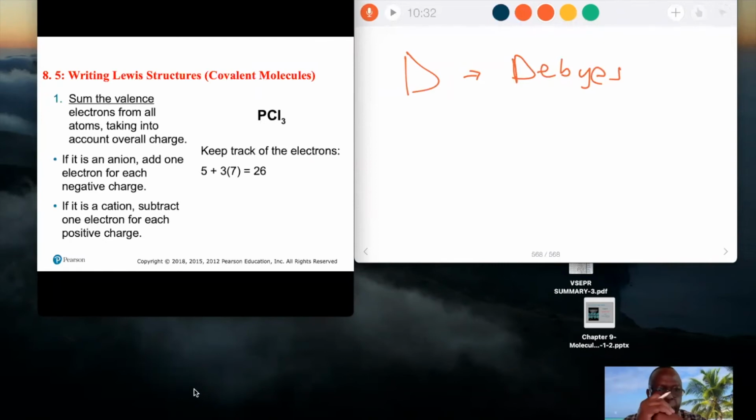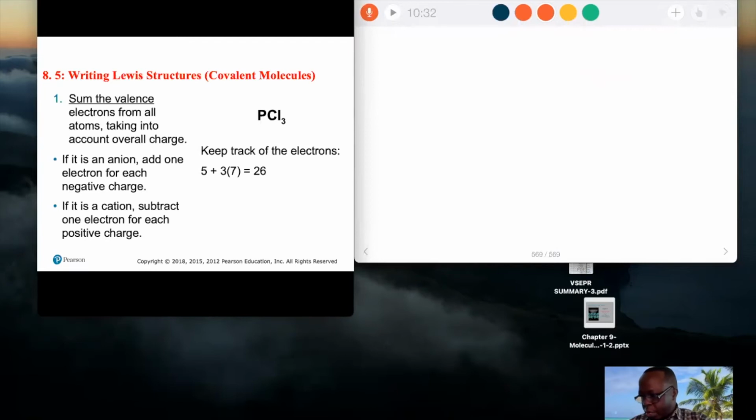Drawing the Lewis structure. This is critical for chapter 9. Writing the Lewis structure for molecules. Either you summarize in your own words section 8.5, the PowerPoint slide outline of the steps.